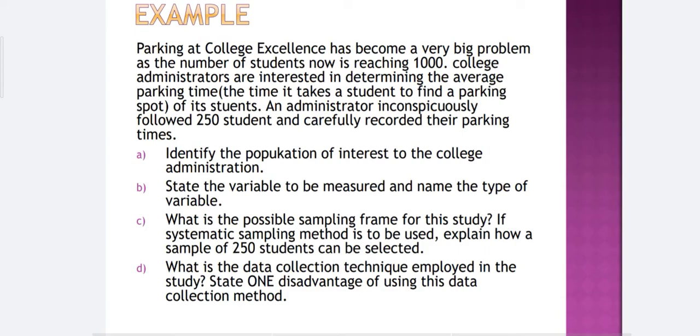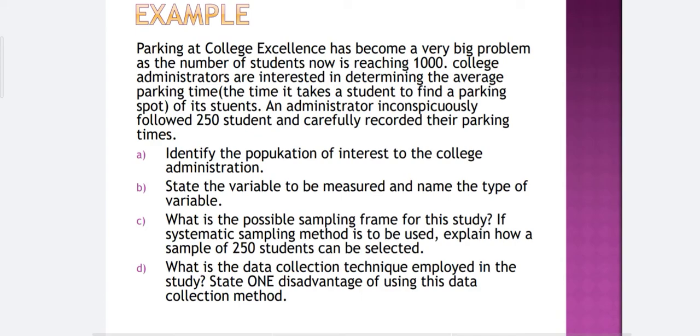And then find the interval K. K will be 1000 divided by 250. So how much do you get? The value of interval K will be 4. So every fourth car will be selected. Okay, the owner of the car will be selected as sample.